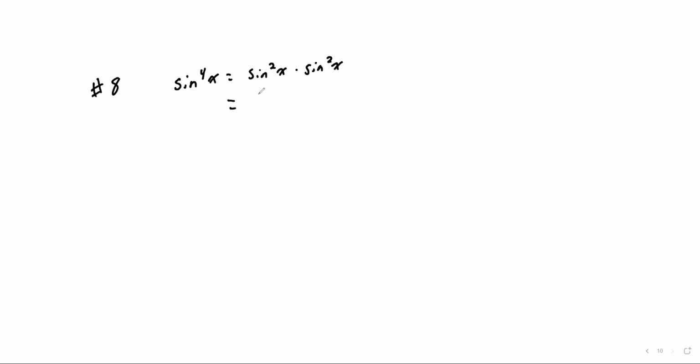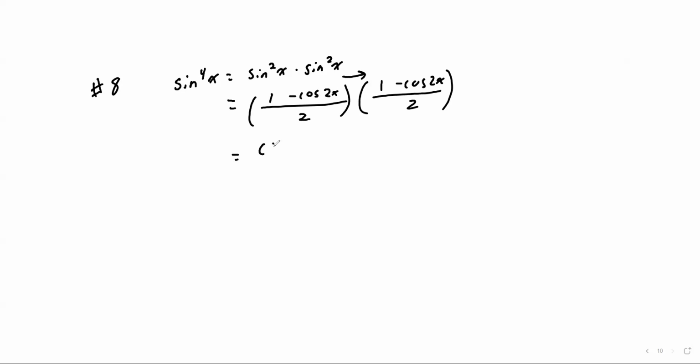And when I do that, I will get 1 minus cosine 2x divided by 2 times 1 minus cosine 2x divided by 2. Now, the only difference here is they do want you to actually multiply this out, but note that this is a binomial and must be distributed. So I'm going to rewrite this as 1 minus cosine 2x times 1 minus cosine 2x, divided by 4.